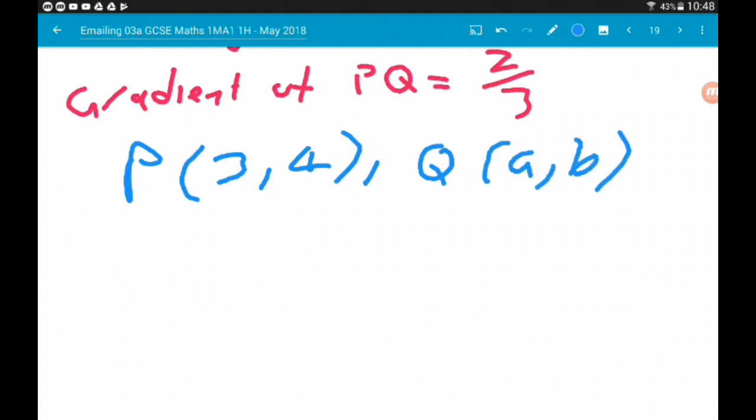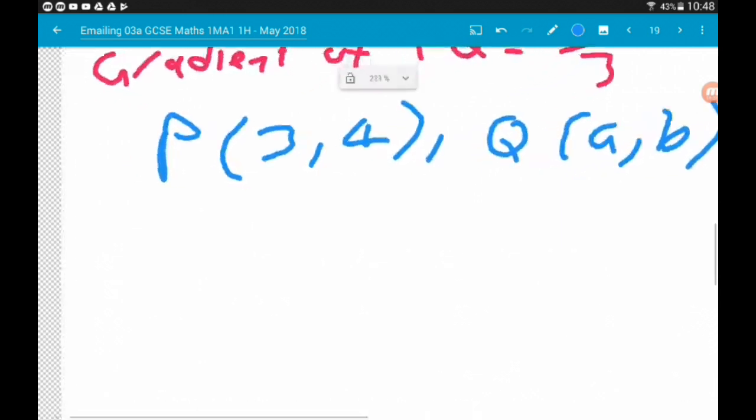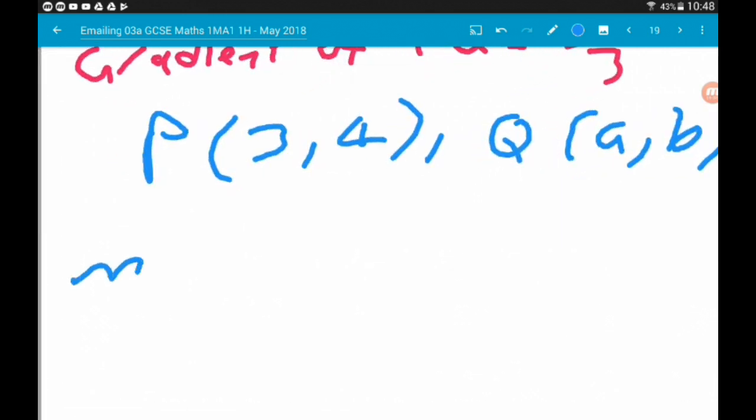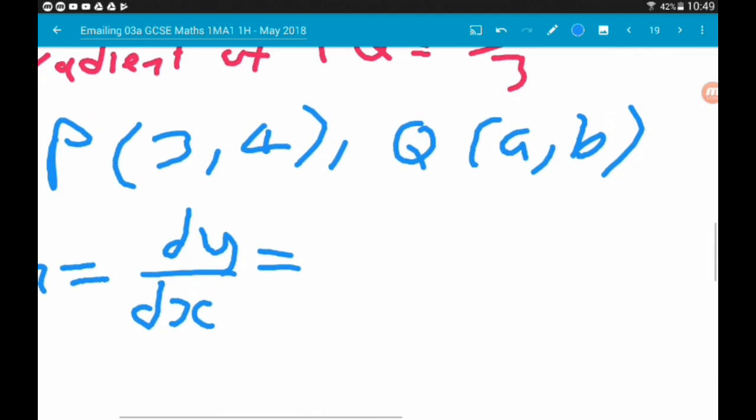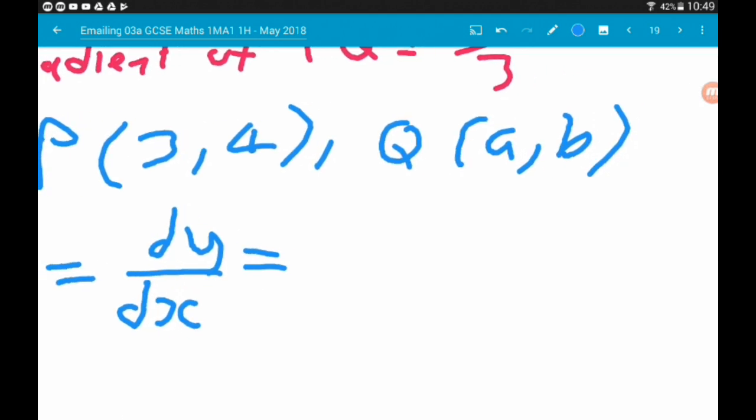So P is 3, 4, Q is A, B. So remember, gradient, so m, again, gradient is in my straight line playlist, which is down below in the description. So gradient is the difference in y, so I call that dy, divided by the difference in x. So up on top we could say b minus 4, so the difference in the y coordinates.